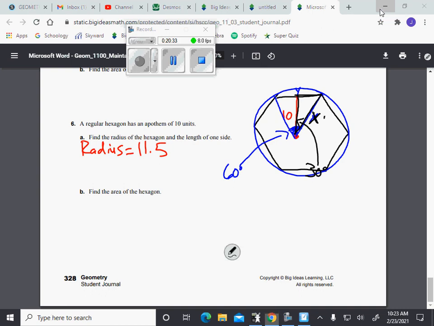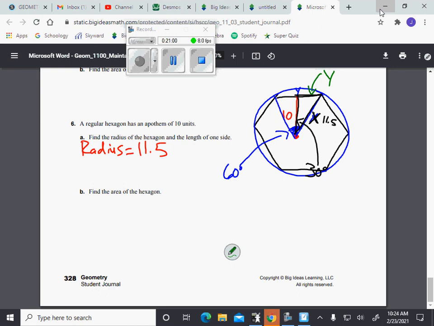If x is 11.5, okay, you could do sine, cosine, or you can just do the Pythagorean theorem. Where this side here will be y. Okay, so we want to solve for y.